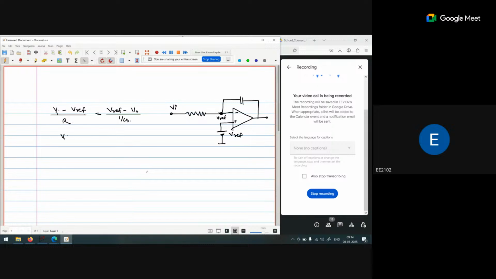Okay, VI minus V ref on R equal to V ref by CS minus V out by CS.